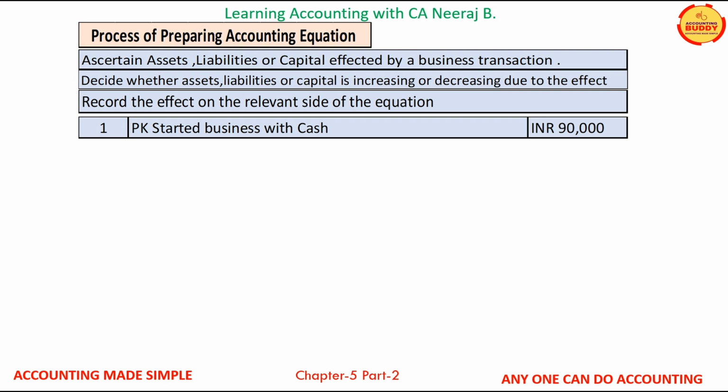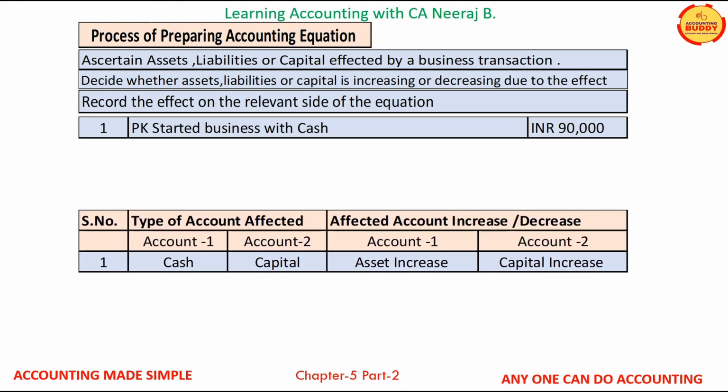PK started his business with a cash amounting to INR 90,000. Now if we analyze this transaction, two accounts which will be affected are cash and capital. Second step is to figure out whether as a result of this transaction, the value of these accounts will increase or decrease.